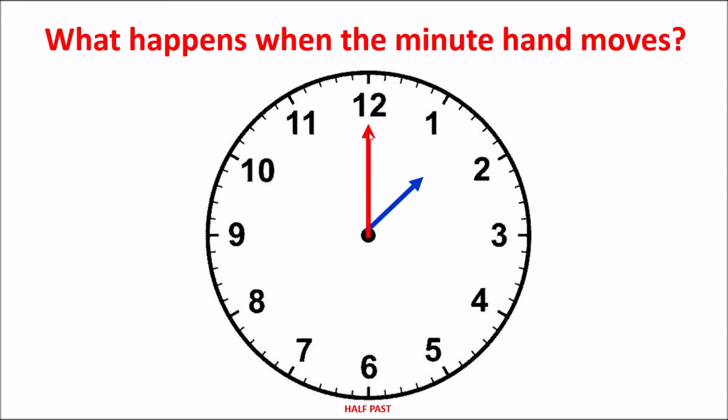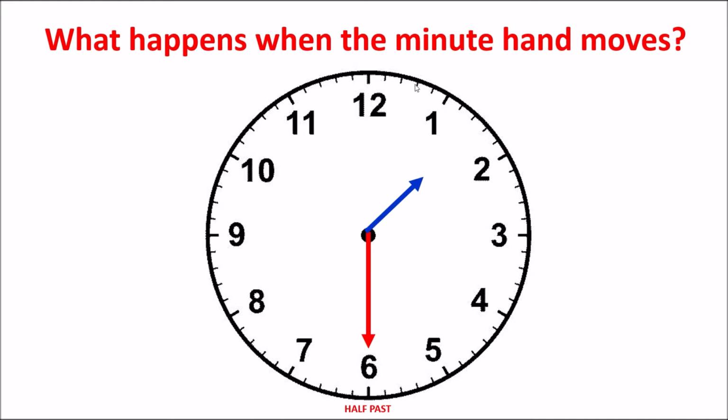Now, what happens when the minute hand starts moving? And it goes 1, 2, 3, 4, 5, 6, 7, 8, 9, 10, all the way down to the 6. Now let's count how many minutes have passed.